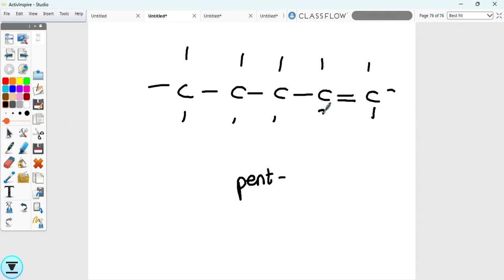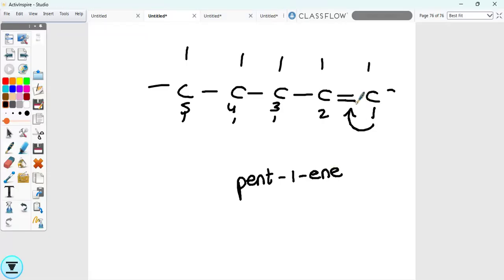So 1, 2, 3, 4, 5, and you always put the number of the ene on the carbon that it follows. So the double bond comes after number 1, so that's why it needs to be pent-1-ene. Okay.